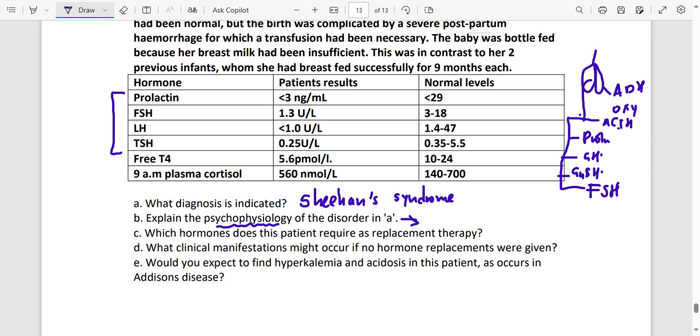And that hypovolemic shock means you have got little supply to the brain, because in shock, remember, you have got little blood, you have got little fluid. Because of the reduced supply to the brain and the pituitary gland, there is ischemia. Because of ischemia due to low blood supply, the pituitary gland will not be able to produce much. So the production of the hormones there is reduced.